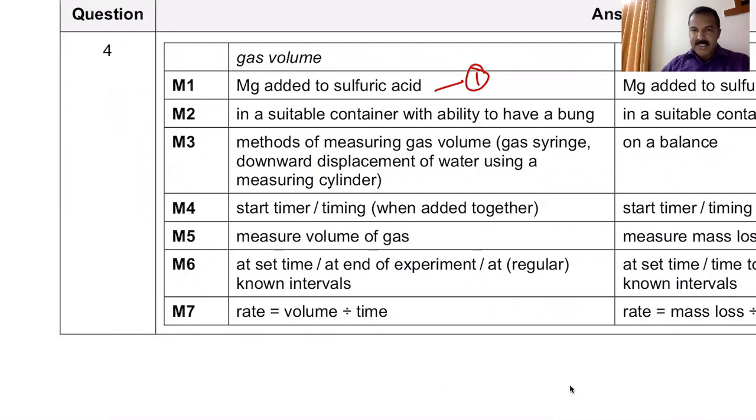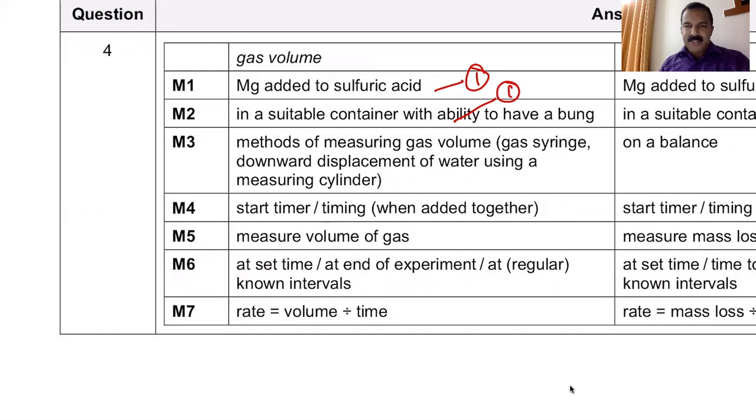A suitable container with the ability to have a bung, and here we said that is a conical flask. It cannot be a beaker because you cannot measure the hydrogen produced. You cannot collect it in any container if you are taking it in a beaker. So we should have a conical flask.